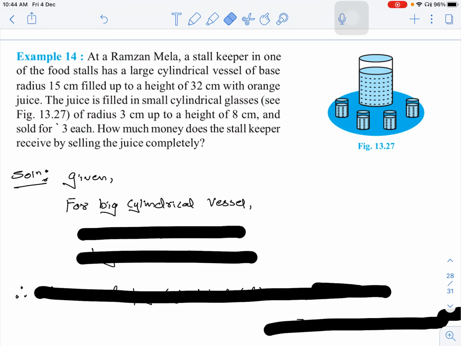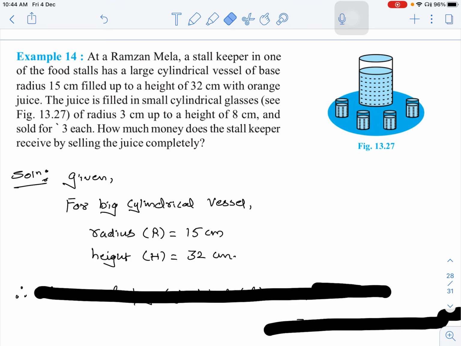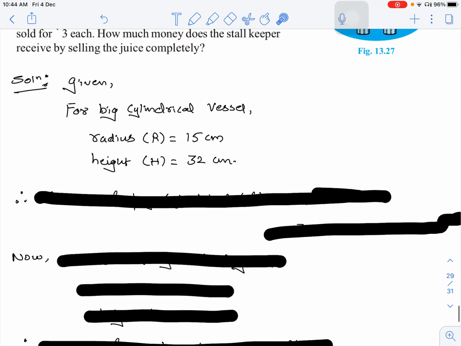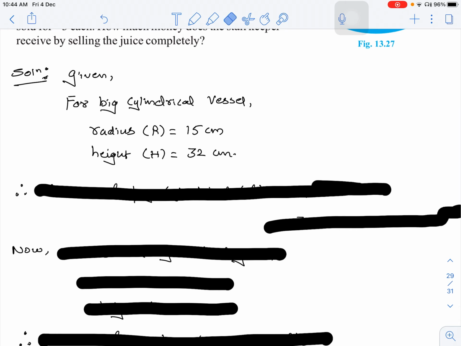So for the bigger cylindrical vessel, let us write the dimensions. What are the dimensions? Radius, let us indicate by capital R equals 15 centimeter. Height, capital H equals 32 centimeter. Now let us find the volume of the cylindrical vessel.